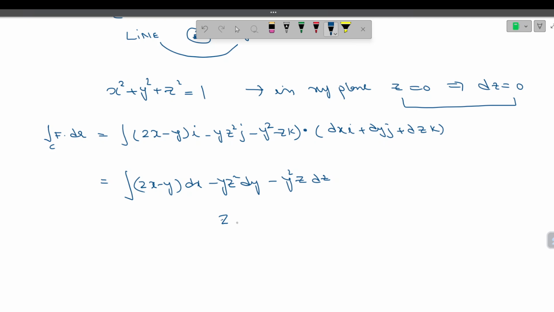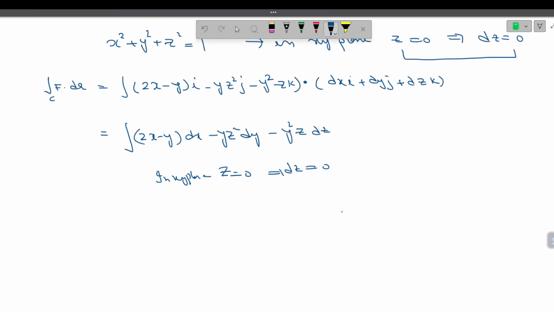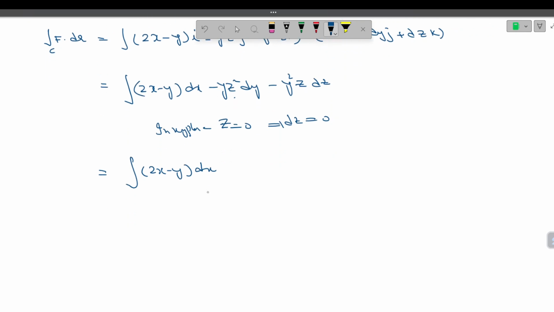If in the xy plane z equal to 0, then dz equal to 0, the derivative of a constant. So our integral reduces to the integral of 2x minus y dx.